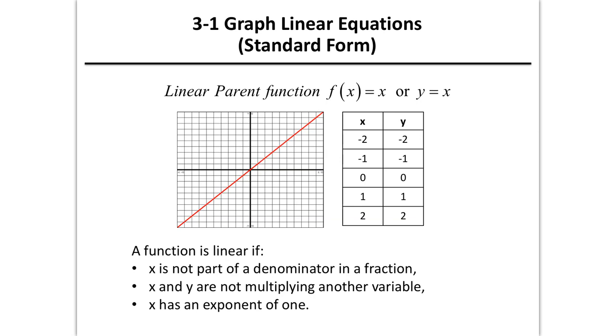And this is going back to evaluating functions, or evaluating when you have f of x. So if you substitute -2 into the x here, so -2 goes here, that's going to be y equals -2. If you substitute the -1 here, y is going to equal -1. So notice that the x and the y's are the same for the parent linear function.